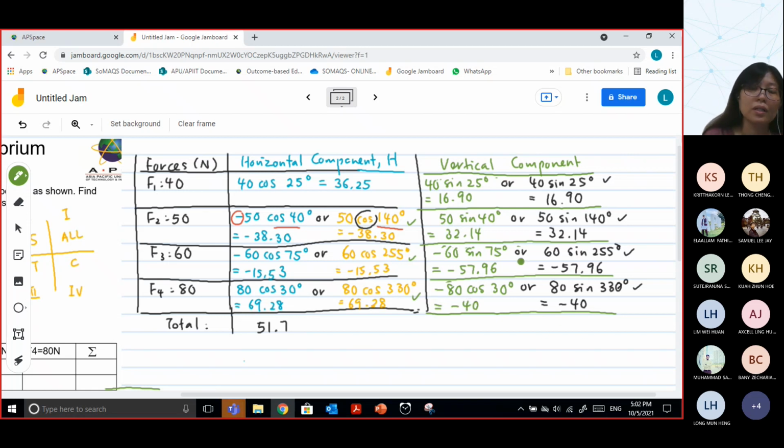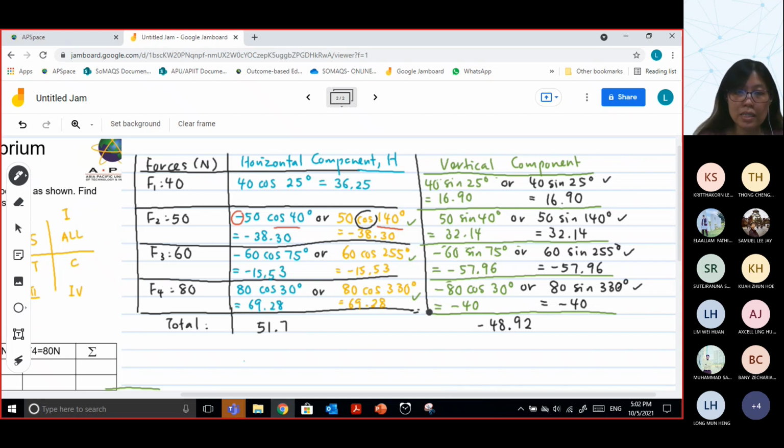Then you need to calculate the total. Be careful because you have negative values. So you have negative 48.92. Okay, negative 48.92.